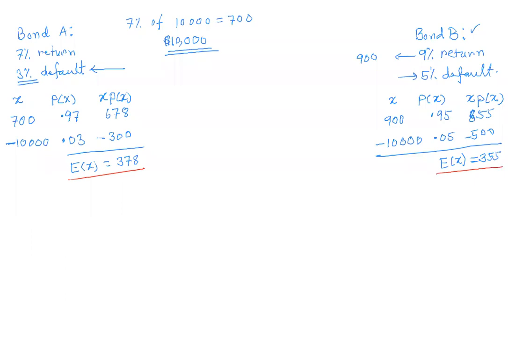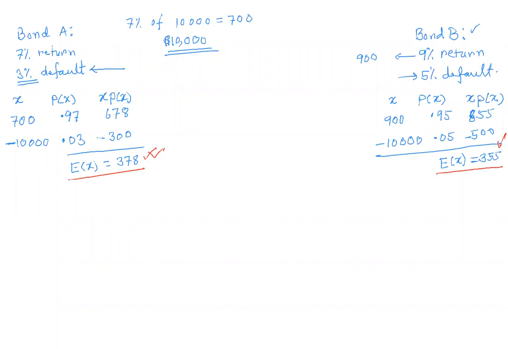A wise or rational investor would probably invest in bond A, because on average you are expected to get $378 as opposed to $355 from bond B. So your investment choice in this case would be bond A, because you want to maximize your profit, and this one gives you the maximum profit on average.